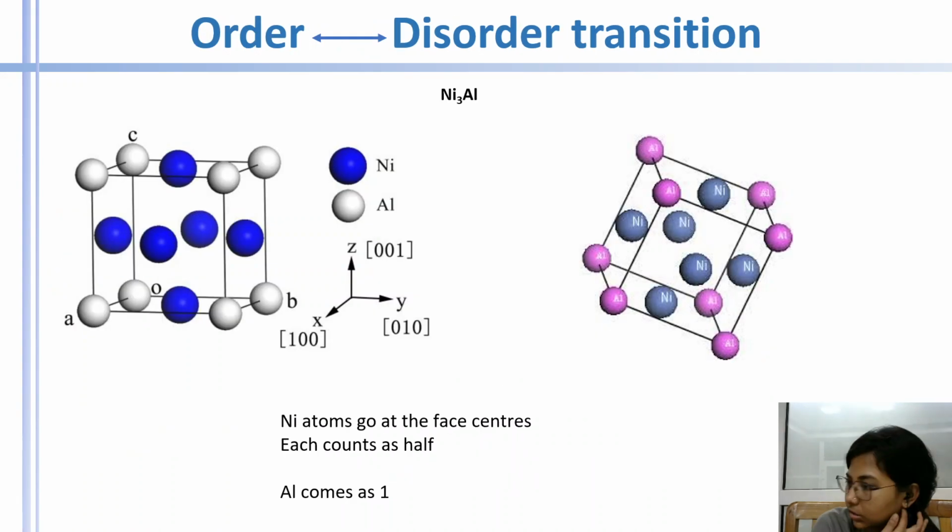Now we will learn about the order to disorder transition. For this we will take one B2 system. Ni3Al is an example of a B2 lattice.